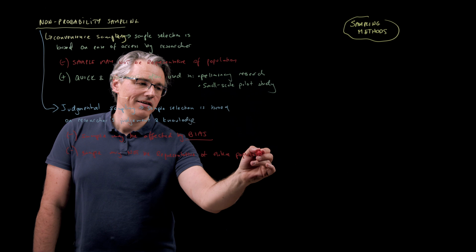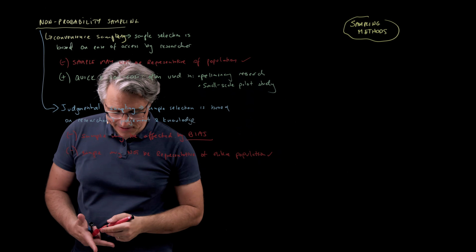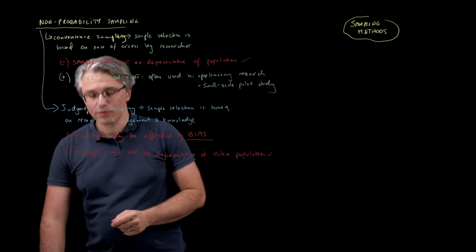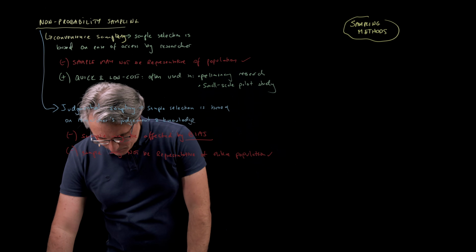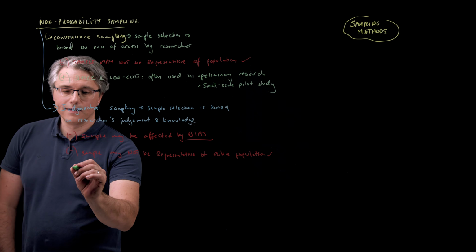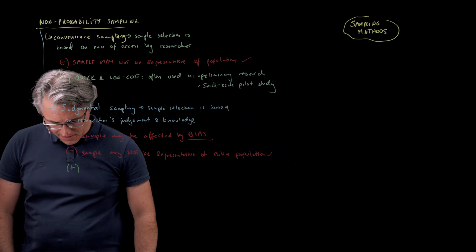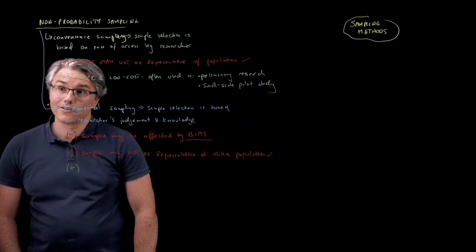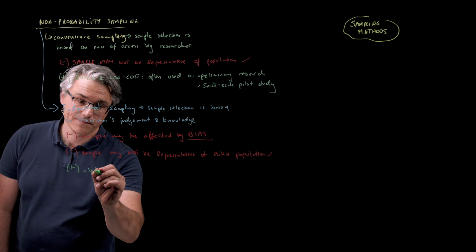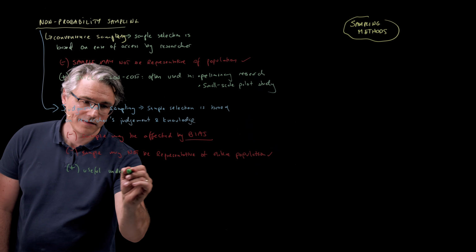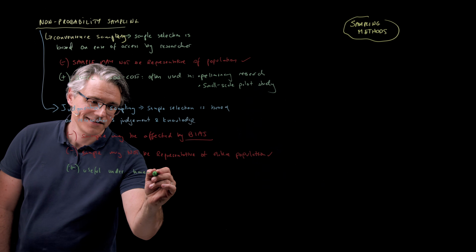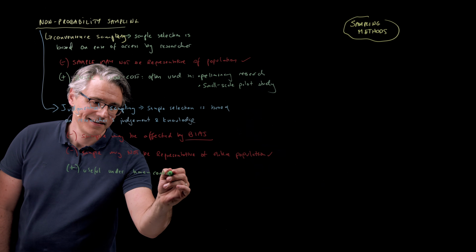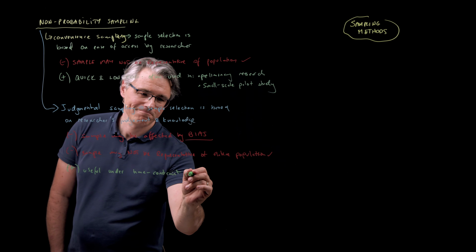That's a common thing over here and over here for these non-probability methods. But it's a way of doing sampling, especially under conditions of time constraints, so useful under time constraint conditions.